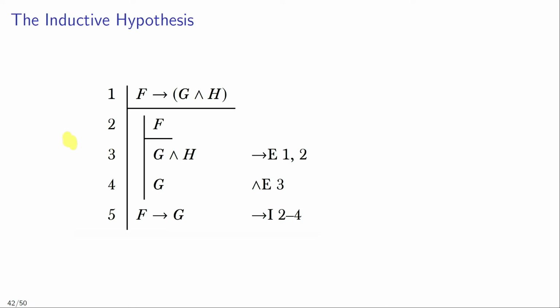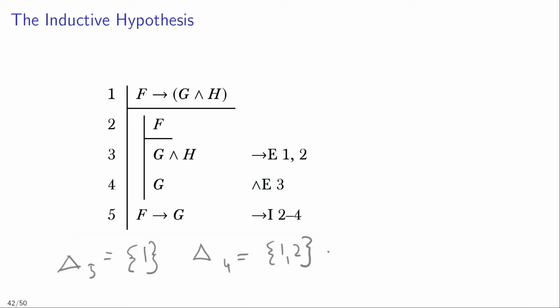So for example, going back to our previous proof here, delta 5 is the set that includes only line 1. Delta 4 is the set that includes line 1 and line 2.